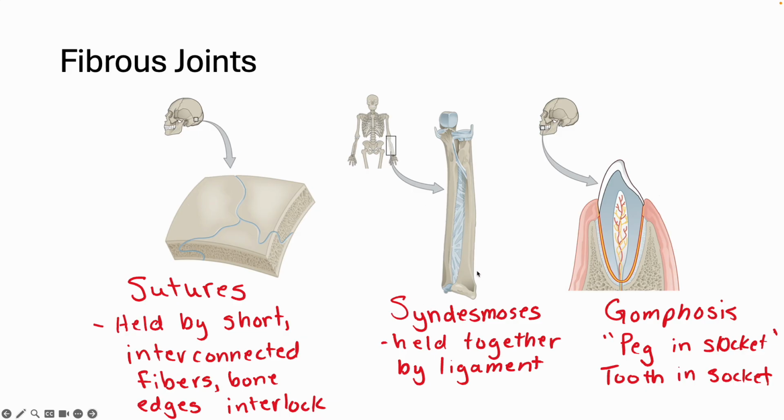So this would be the radius and the ulna connection that I was mentioning earlier. And then we have gomphoses. These are your peg in socket or tooth in socket joints. So these are specialized joints that you find holding the teeth into the mandible and maxilla.